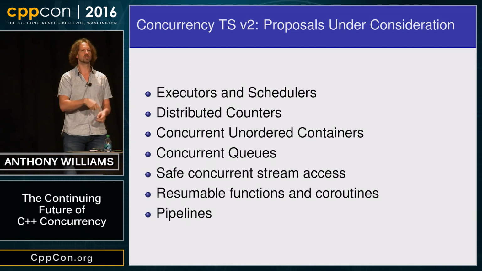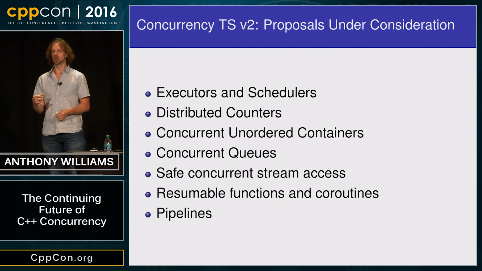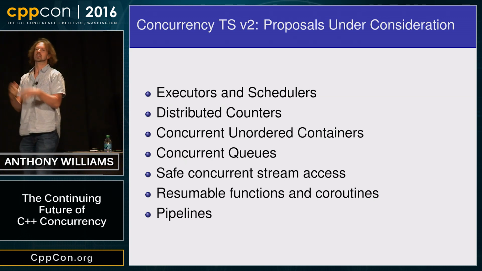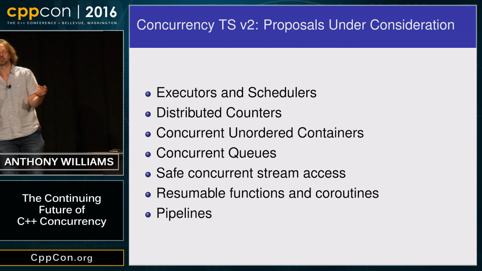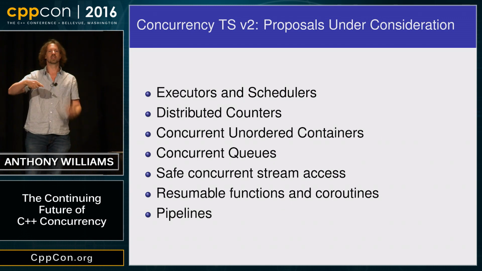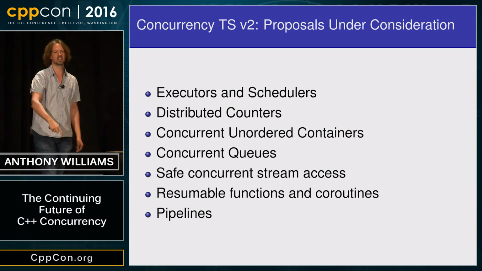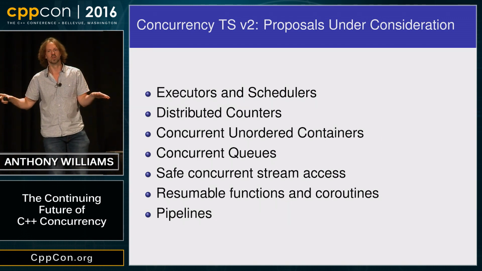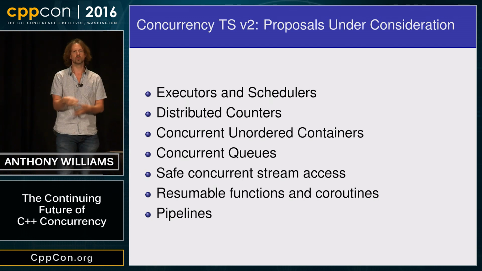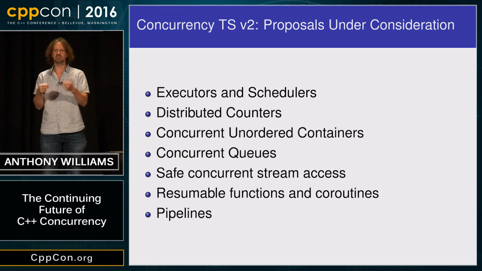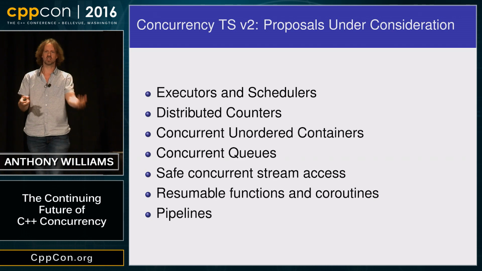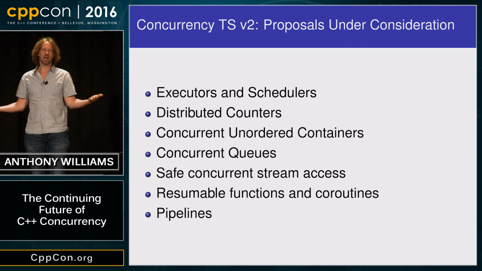There's also proposals for distributed counters. So obviously, if you've got hundreds of threads and they're all trying to update a single count, then that's an epic point of contention, and that's going to cause everything to slow down. So you don't want to do that. So if you don't need everything to really, really be up to date, and you can cope with batching things, then you can have your distributed counter.